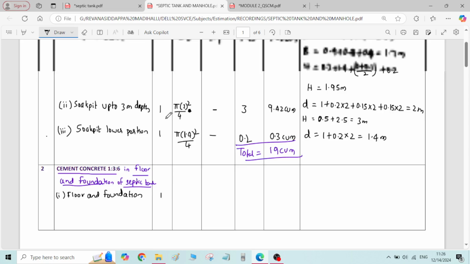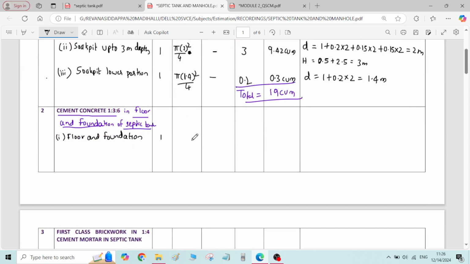So 2.8 meter is the length, 1.7 meter is the width. Here you can write in the remarks: L and B are same as above.